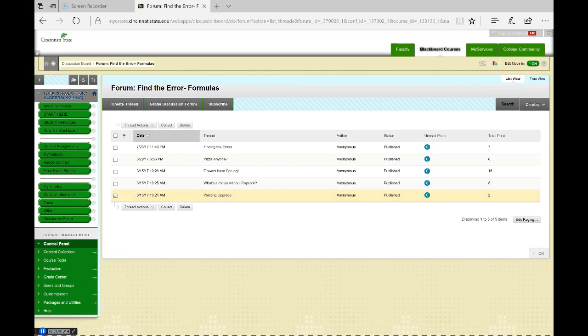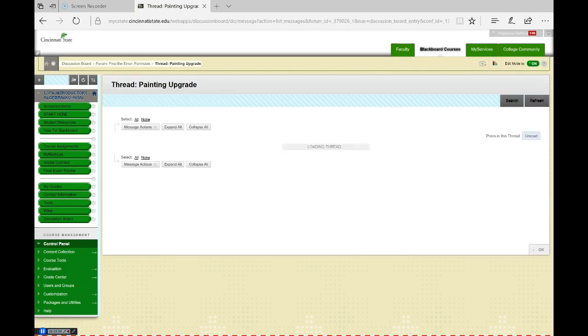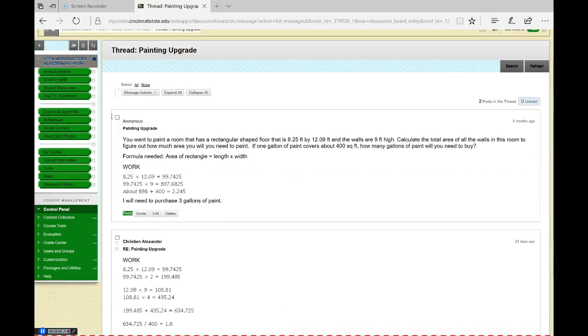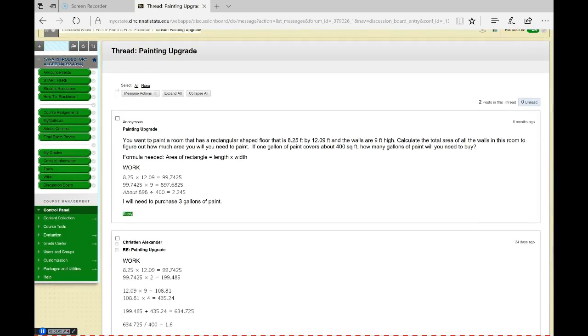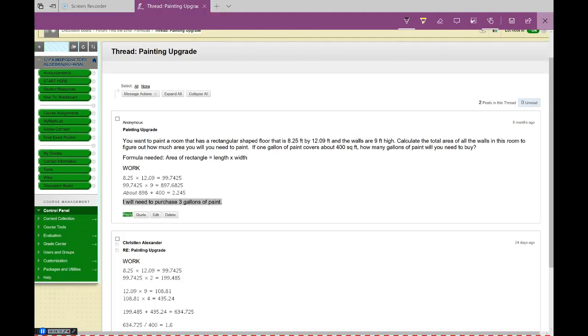All right, and the last one was the painting upgrade. So you want to paint a room that is shaped 8.25 by 12.09. This one was a little tricky for some. If I want to calculate the total area of all the walls in this room, that would just be the 4 walls here.